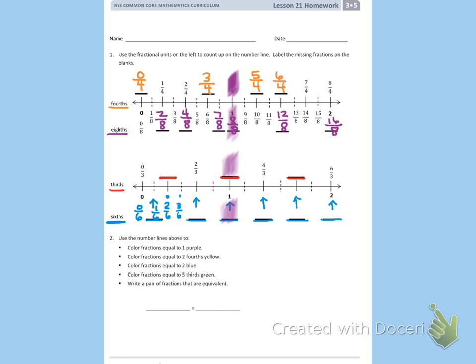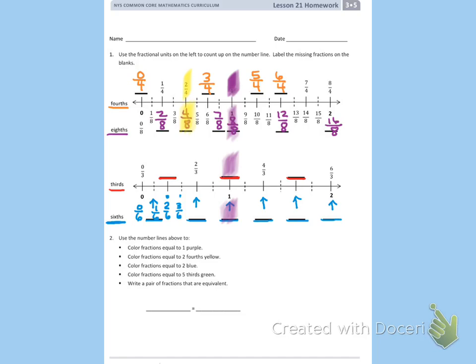The next thing says color fractions equal to 2/4 yellow. 2/4. I see 2/4 here. And since 4/8 is right below it at the same hash mark, I'll go ahead and color that yellow as well.